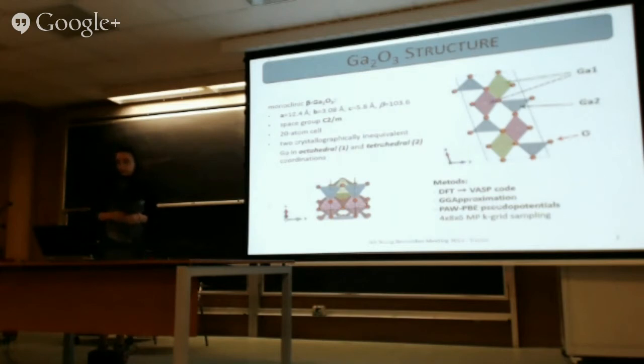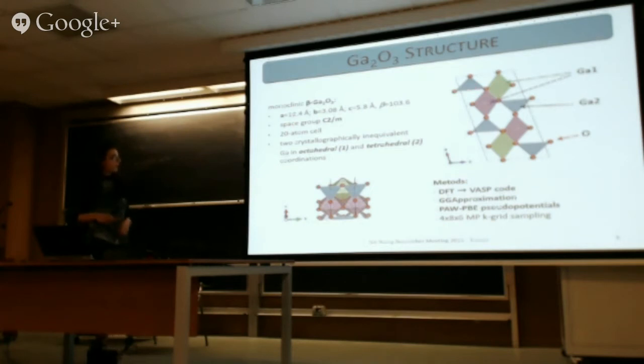Gallium oxide has different phases, and the most stable is the monoclinic. It belongs to space group C2/m and has 20 atoms per unit cell. There are two types of gallium, in octahedral and tetrahedral coordination.